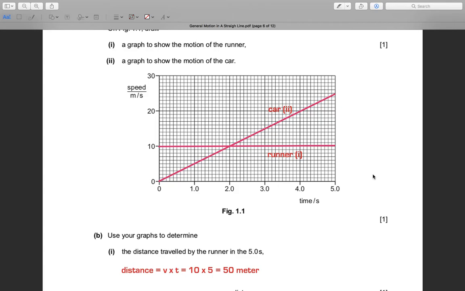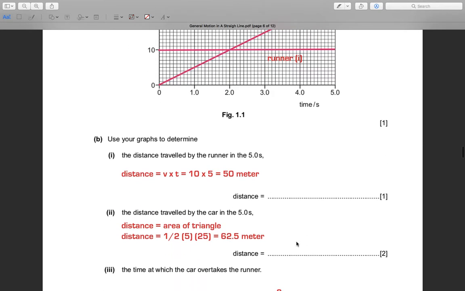So this is only 10 times 5, 10 as the speed and 5 as the time. So 10 times 5 equals 50 meters. This is the distance of the runner until 5 seconds.